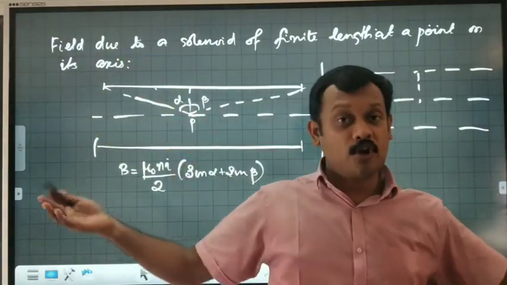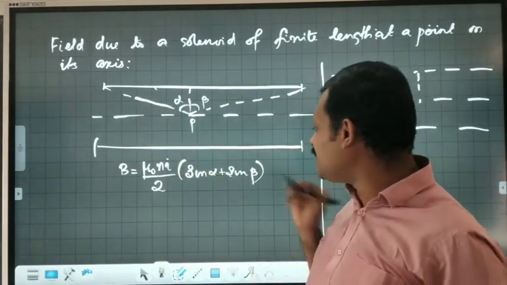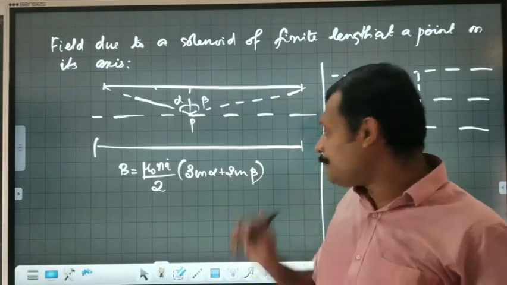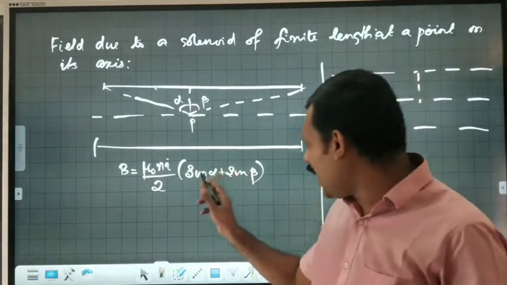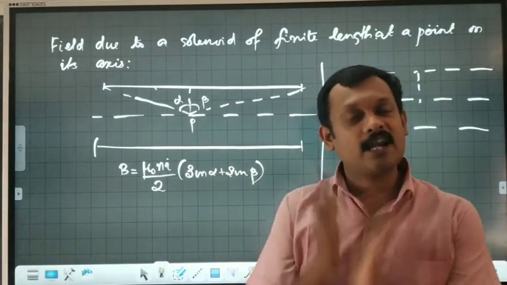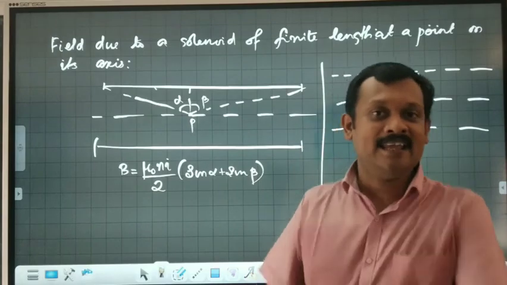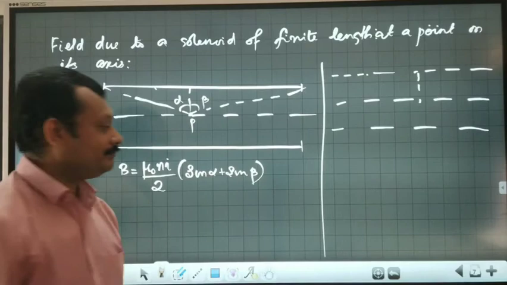Sin pi by 2 is 1. 1 plus 1 is 2, 2 divided by 2, that is gone. The magnetic field will be equal to mu 0 n I. This is the answer for a long solenoid.